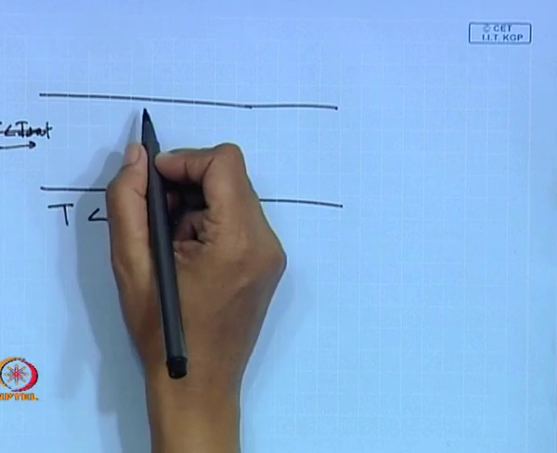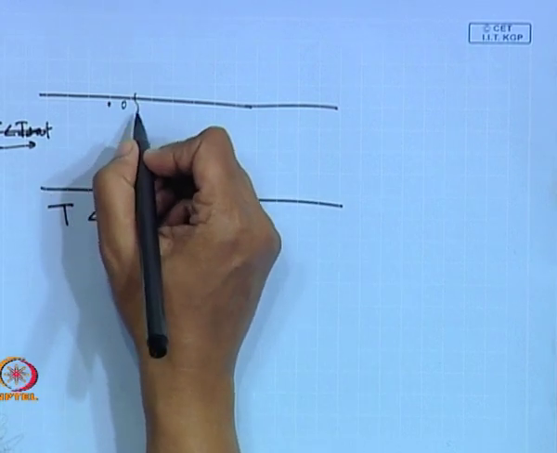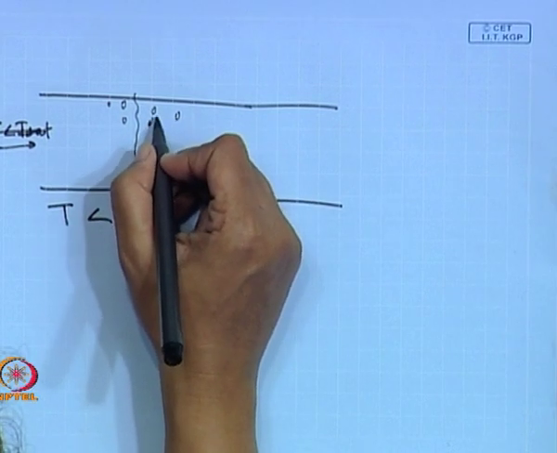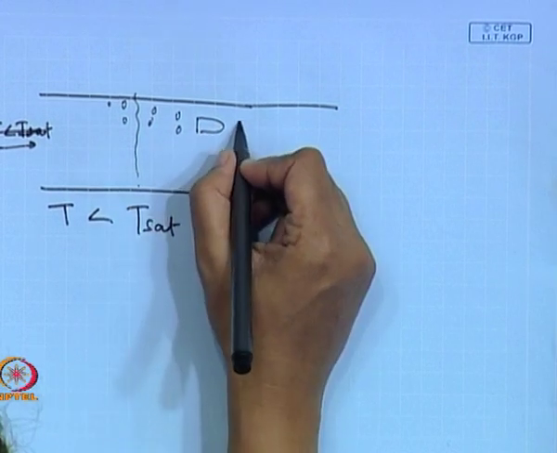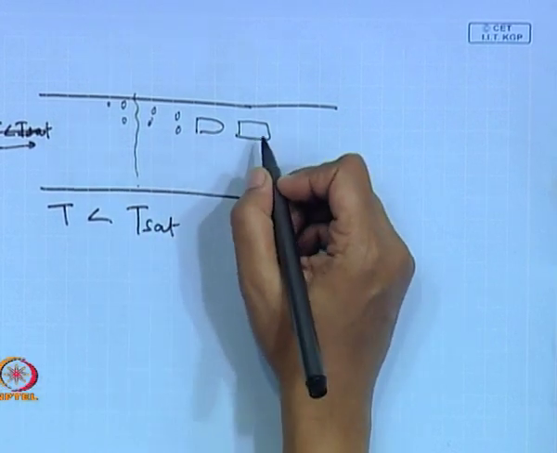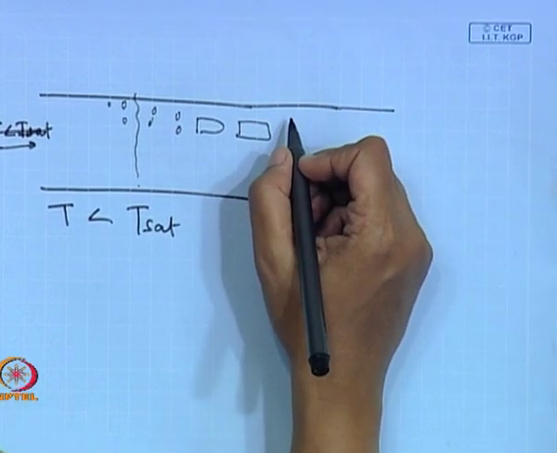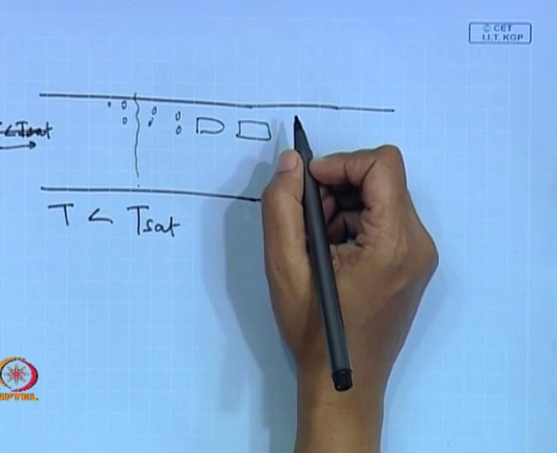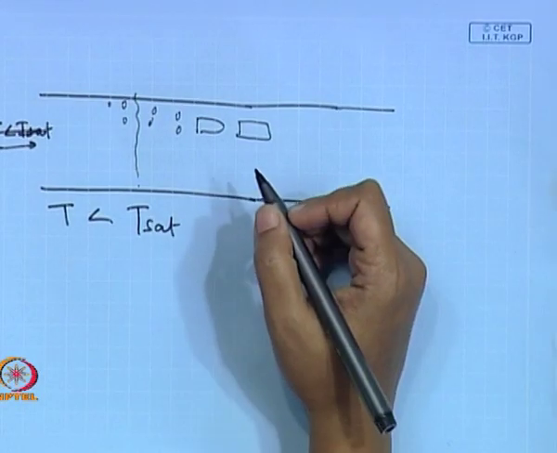So we have pure liquid till a particular portion, and then gradually the vapor bubbles start to come, they gradually detach from the wall, and then they start flowing, and then gradually they become more and more elongated, just like your slug flow sets in. And then we find a situation, due to asymmetry, there will always be a tendency of the vapor phase to be on the upper portion and the liquid phase to be on the lower portion.